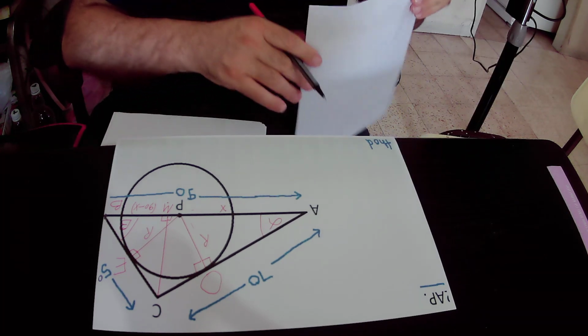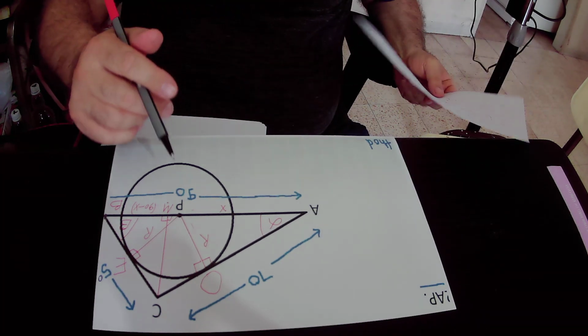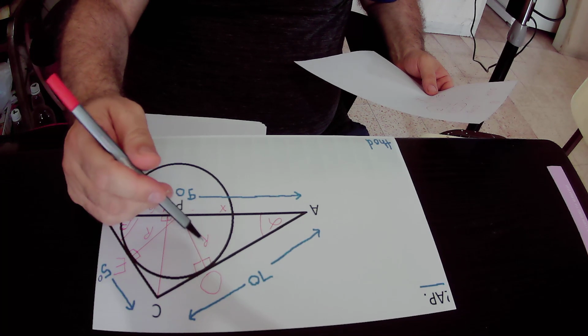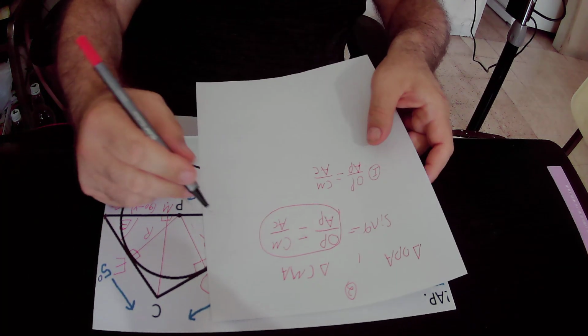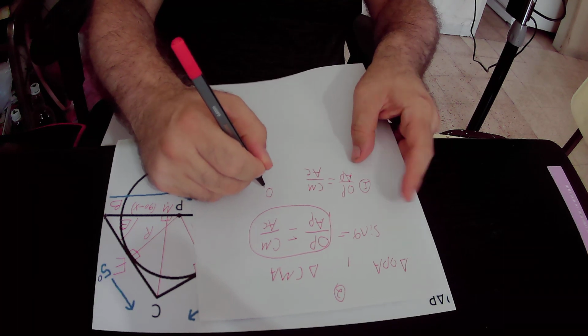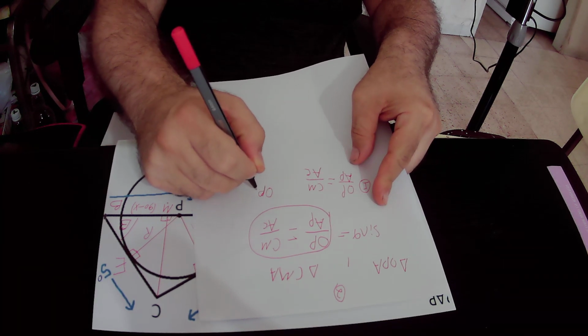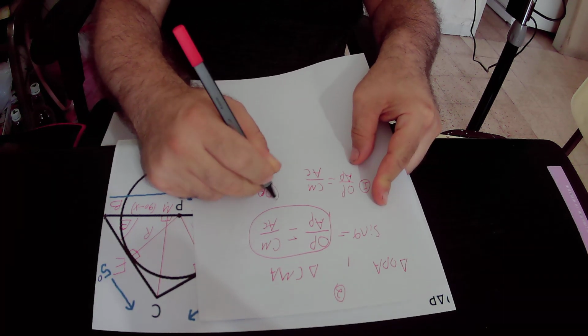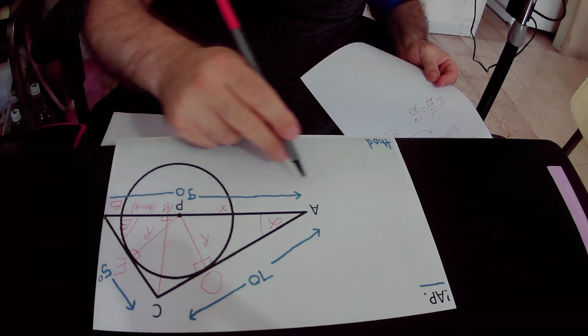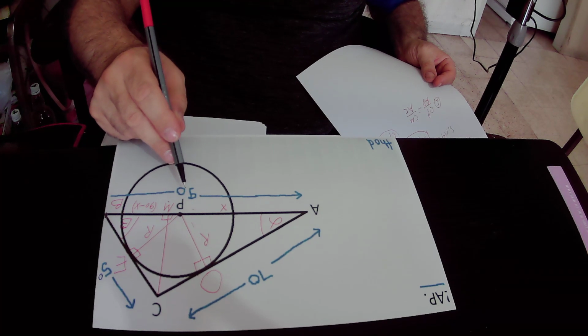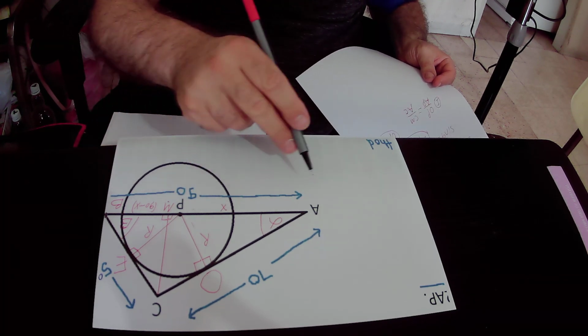But we know that OP equals R, and AP equals X according to our definition.